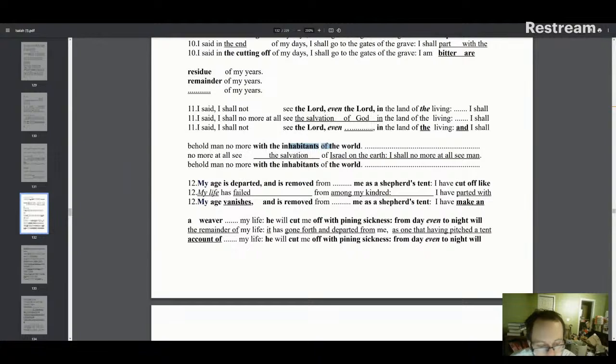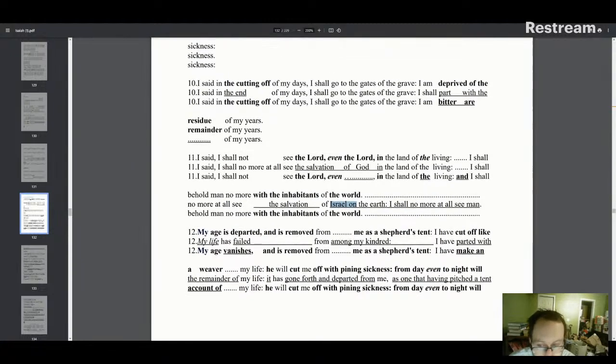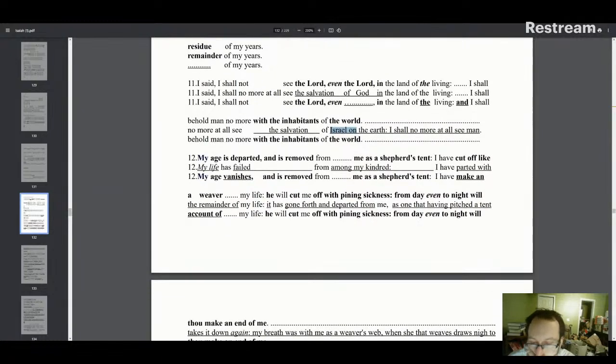And then we have, I shall no more at all see man. So man corresponds to man right here. But Israel, that's a very interesting variant. Okay, and then the Septuagint is significantly condensing the text here.